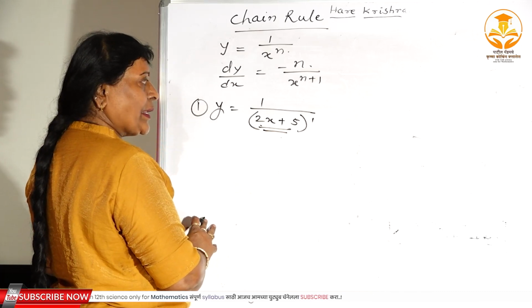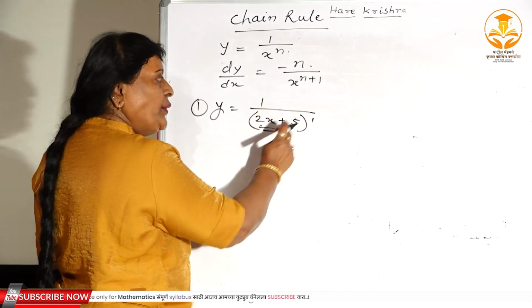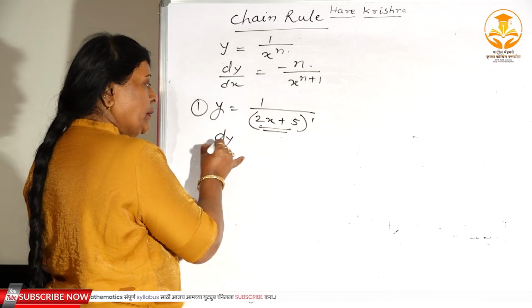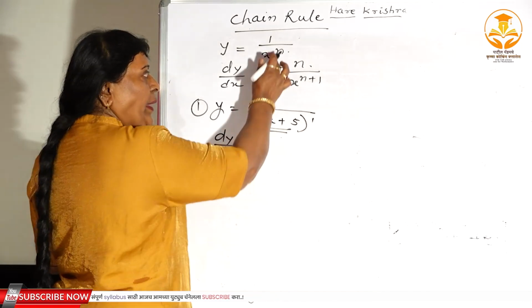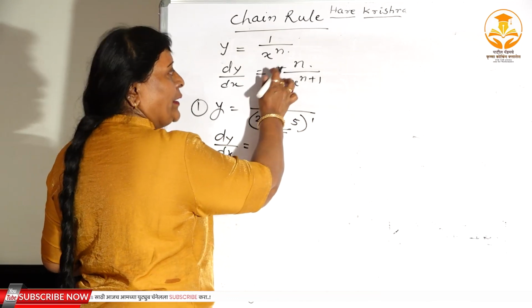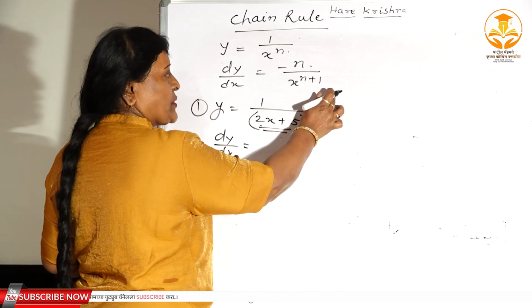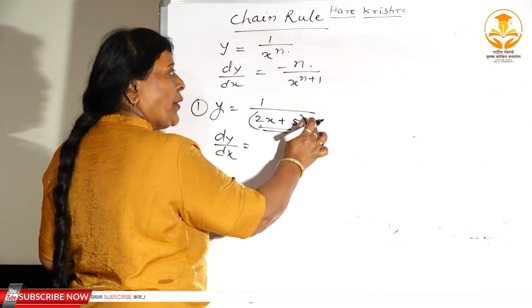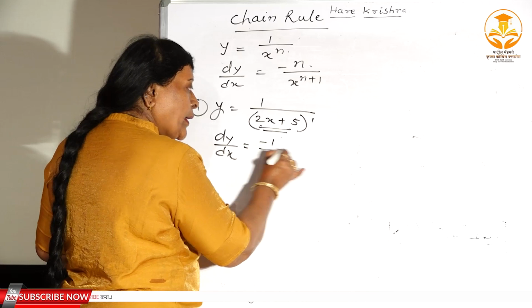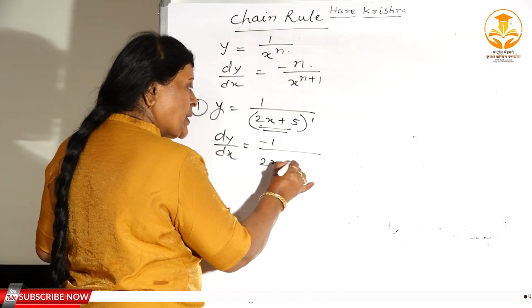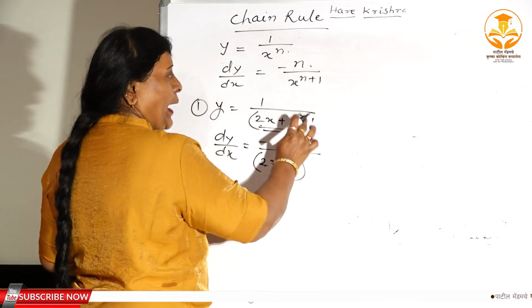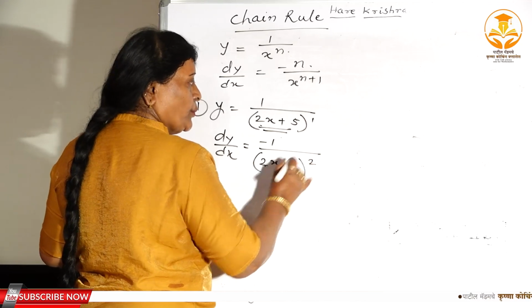What do you have to consider this as? u. What is the derivative of 1/u to the power 1? The derivative of 1/x to the power n is minus n divided by x to the power n plus 1. So the derivative of 1/u to the power 1 is minus 1 divided by 2x plus 5 whole to the power n plus 1, means 1 plus 1, 2, isn't it?